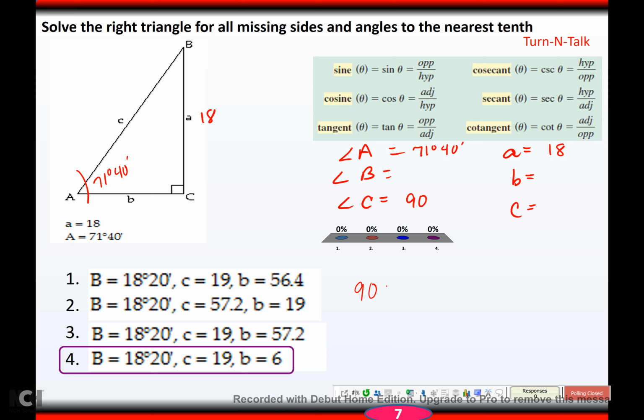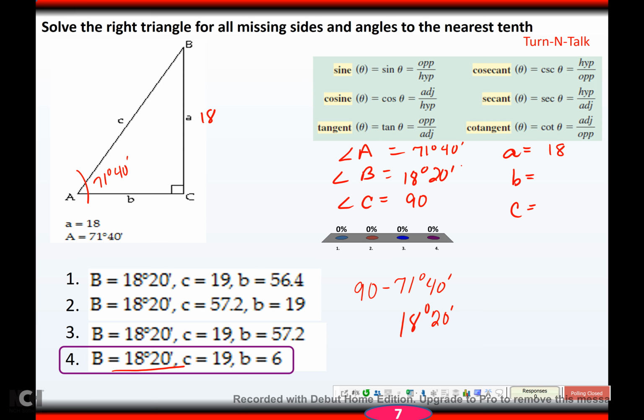If I take 90 and subtract 71 degrees, 40 minutes, to get to the next degree, I would need to add 20 minutes, which would give me 72 degrees, right? And if that was 72 degrees from 90, that would leave 18. So we would have 18 degrees, 20 minutes is how they got that.